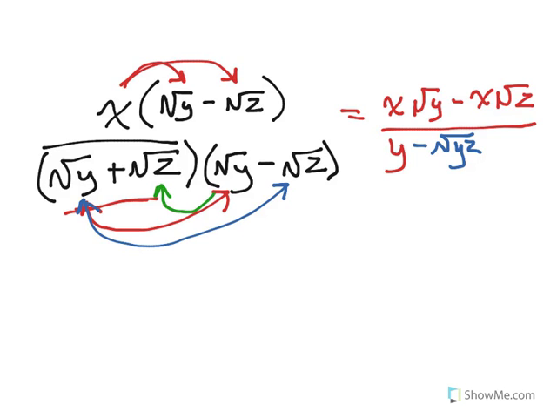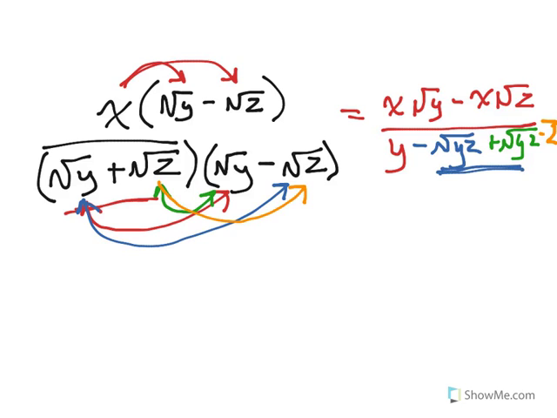Square root z times square root y is a positive square root yz. And square root z times negative square root z is negative z. Now we can combine our like terms.